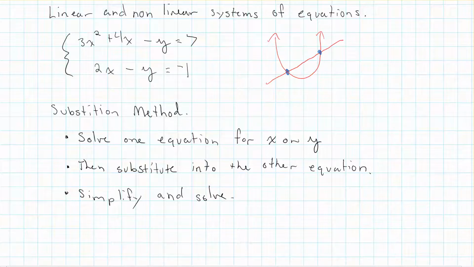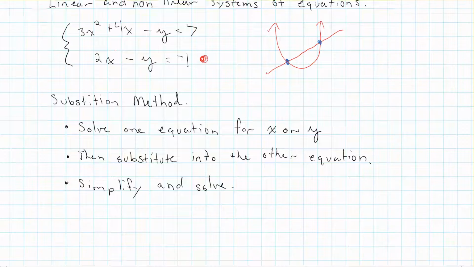Now when it says solve one equation for x or y, the reason I say x or y is it doesn't matter which one we do, and it doesn't matter which equation we solve. But if I look here, I might pick this equation right here to solve, and I'd probably solve it for y. And the reason I would do that is that's actually going to give me a really simple equation for y. So let's go ahead and do that.